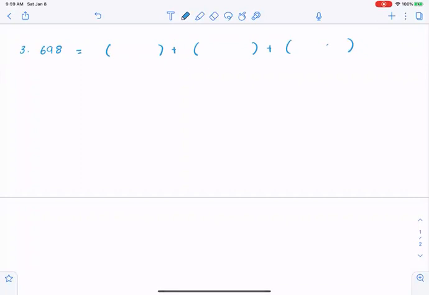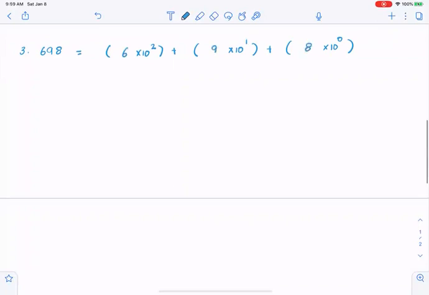The first one would be 10 raised 0 position, 10 raised 1, 10 raised 2, and we can plug in the digits 6, 9, and 8. You can always verify the answer by putting it back in a calculator, and it should sum to 698.